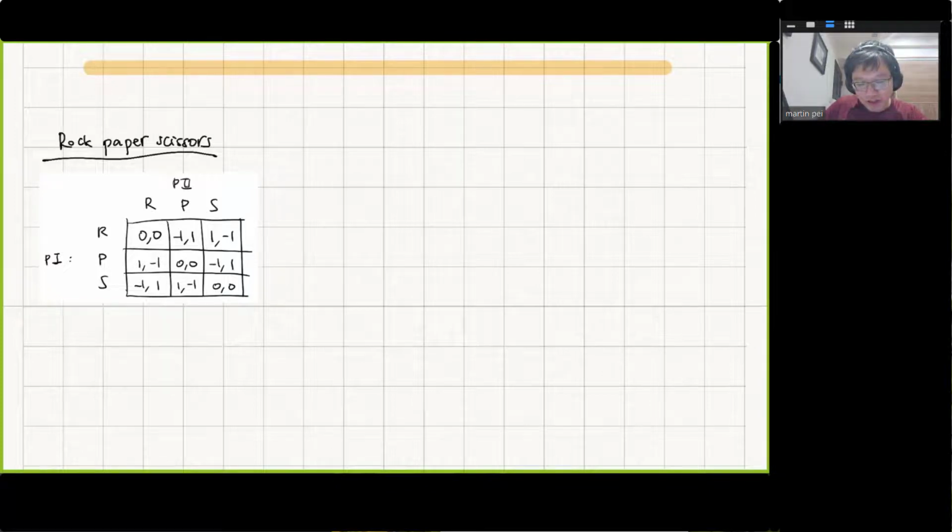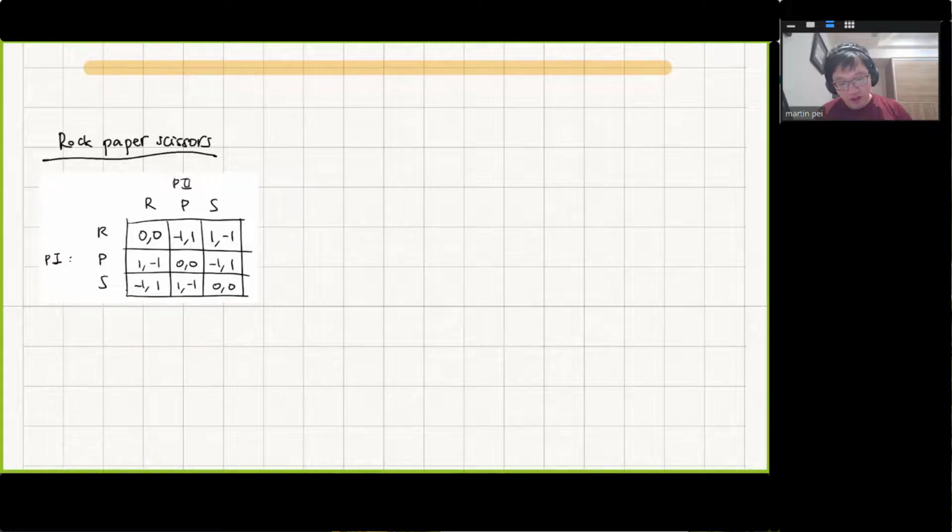And the idea is we will try to find a Nash equilibrium in this game, but we also want to show that that is the only Nash equilibrium. So in this case, we need to look at the mixed Nash equilibrium. So we are looking at the probability distribution over our 3 strategies.